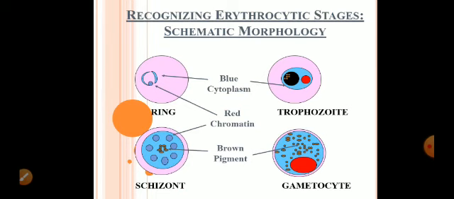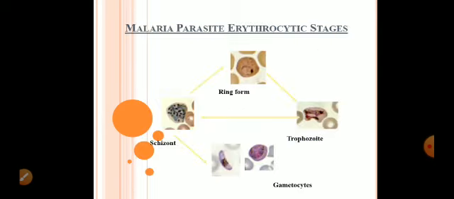This is the schematic representation of the erythrocytic stages of malaria: the RBC, ring form with blue cytoplasm, trophozoites, schizonts, and gametocyte.